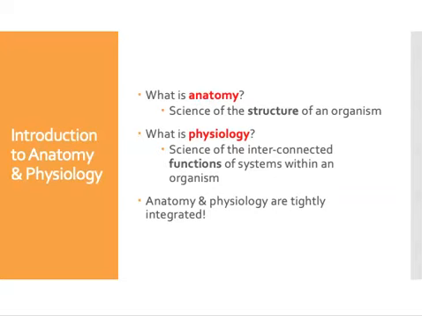Anatomy is about structure, or what you could think of as form of an organism, and physiology is about how it functions. You've probably heard the saying that form follows function. These two things are intimately connected with each other.